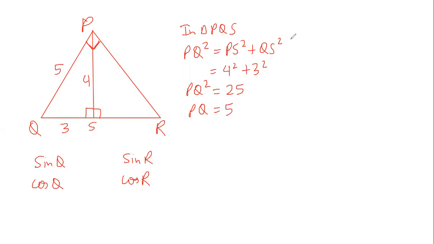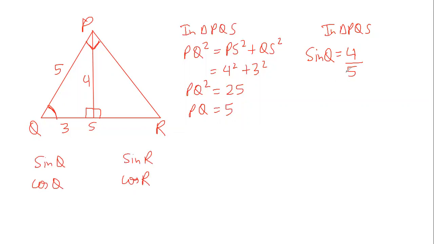So similarly, if I know the values in this triangle PQS, I can directly figure out sine Q. If I take this angle, sine Q, sine is always perpendicular over hypotenuse. According to this angle Q, perpendicular is 4 and the hypotenuse is 5.